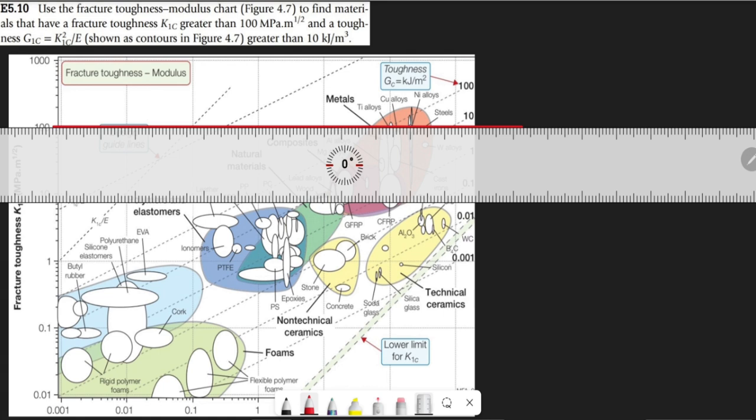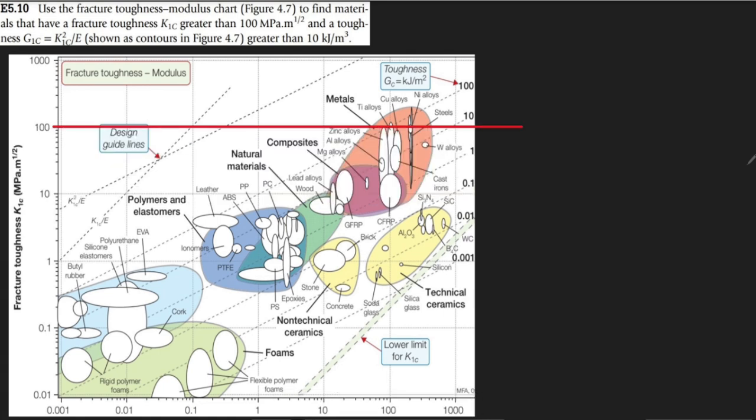Then the next one is to find the materials that have K1C squared divided by Young's modulus equal to 10, sorry. So we are trying to find 2 points that we can draw this line from.